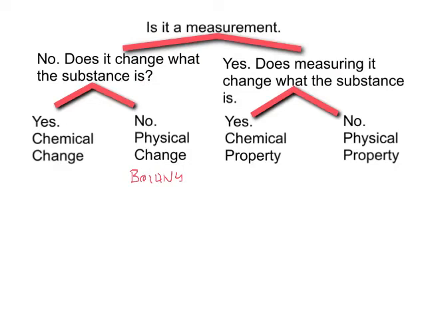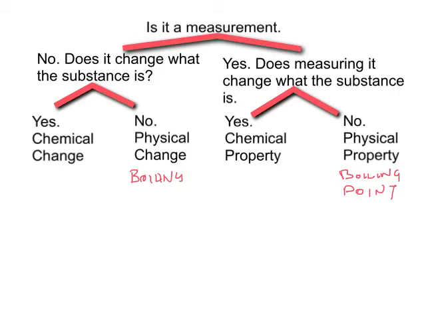And another thing that you're going to notice, for every change I can have a property linked with it. In that case, for boiling, that's going to be boiling point. And we would get over here because boiling point is something specifically that I measure about a substance.